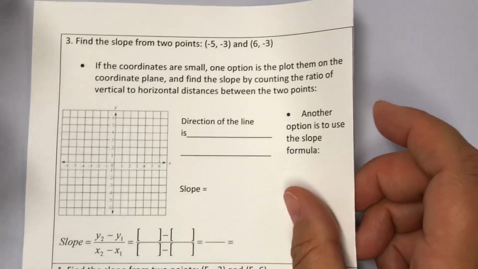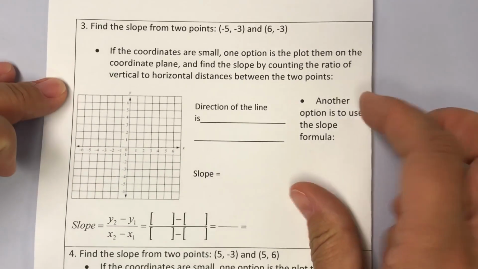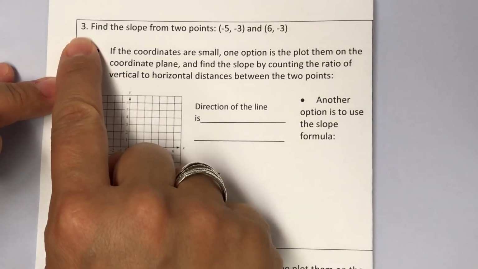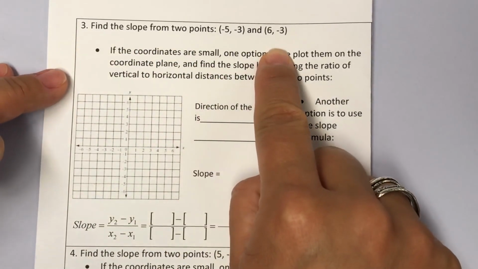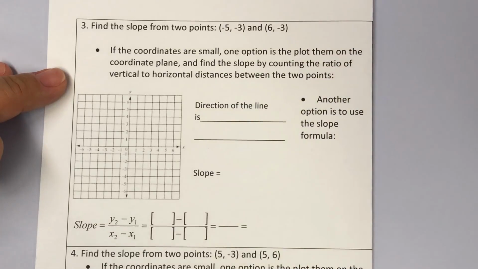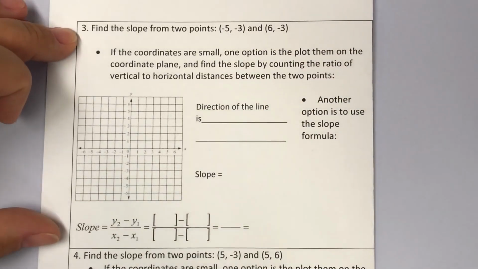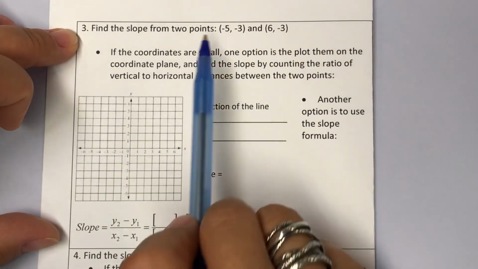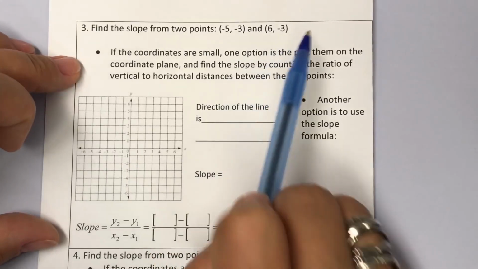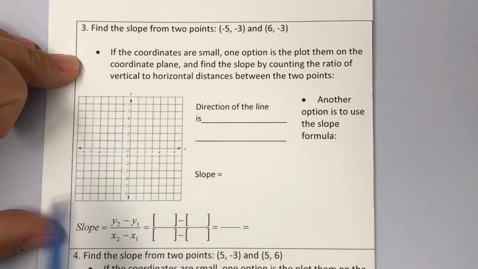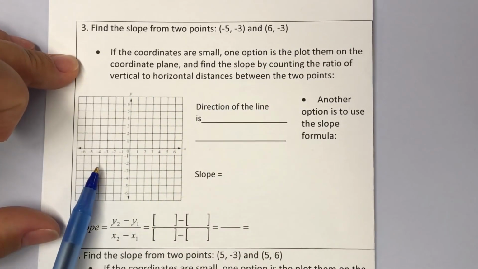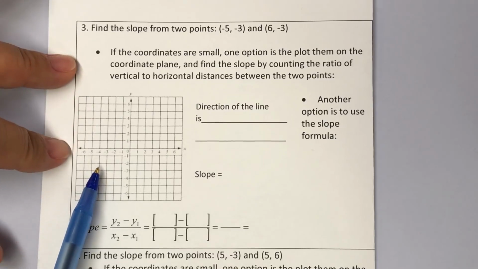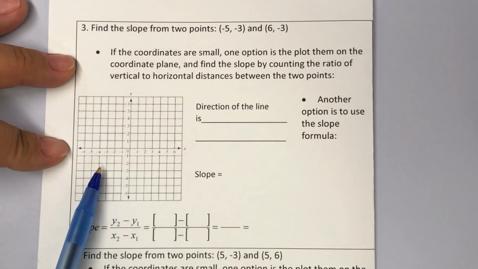Let's see a few more examples. If the graph is not given, the question is given through directions that we have to figure out how to find the slope from points negative 5, negative 3, and 6, negative 3. If the coordinates are small, the best way is to graph them on the coordinate plane and see visually what kind of line you see, horizontal or vertical.